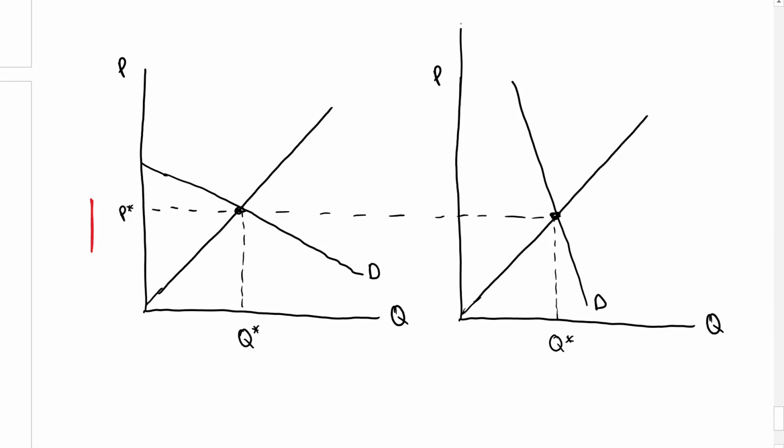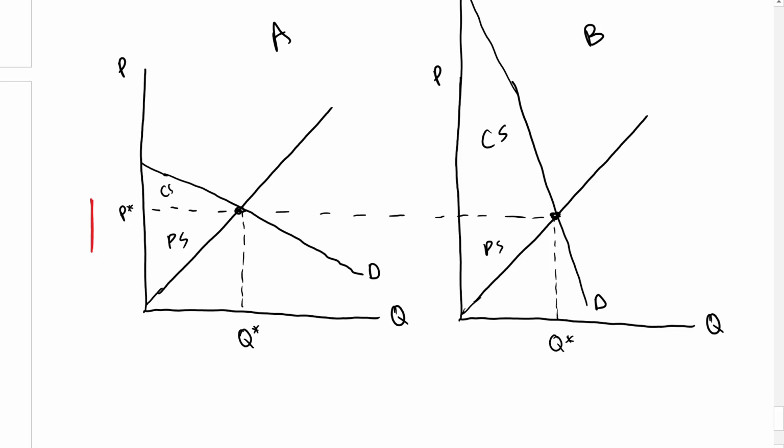So as you can see here, in the more inelastic demand curve, consumer surplus is very high in market B. In market A, consumer surplus is lower. Producer surplus is the same in both cases.